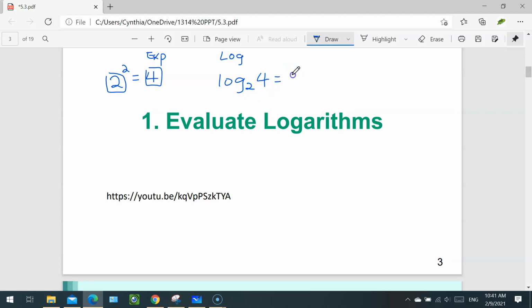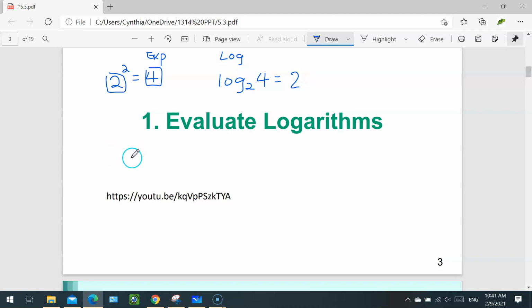It is equal to the degree, the power 2. So your degree is turned to a single number on the other side. So when I convert the exponential form into the logarithm form, you have a log. Base 2 goes underneath the log. The result 4 right next to the base, and the degree power by itself on the other side.